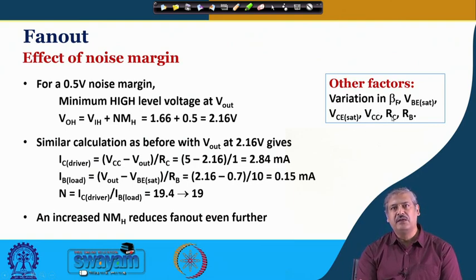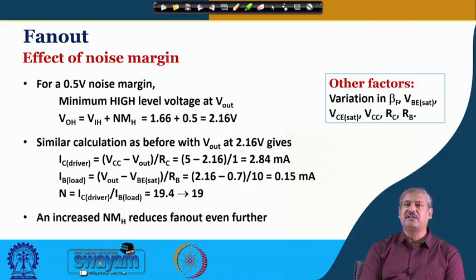VBE saturation we have said is not exactly 0.7 volt, it can vary a little bit. VCC can vary, a 5 volt power supply may be 4.5 volt to 5.5 volt. So, for these different things, for this particular configuration the actual value will come down from 34 to 19, and practically it can come down to approximately 5 or so.